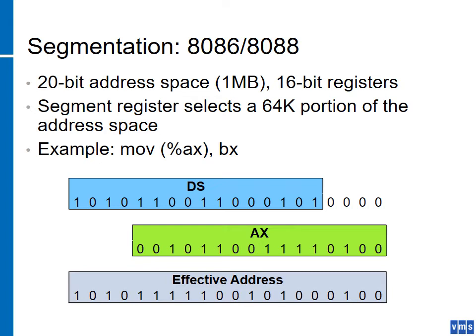So this is a relatively simple scheme, although managing the values of the different segment registers gets a bit tedious, and it means it's difficult to address more than 64 kilobytes of memory in any one operation.